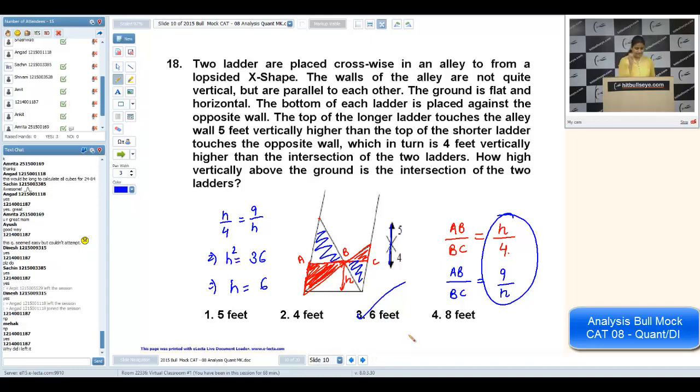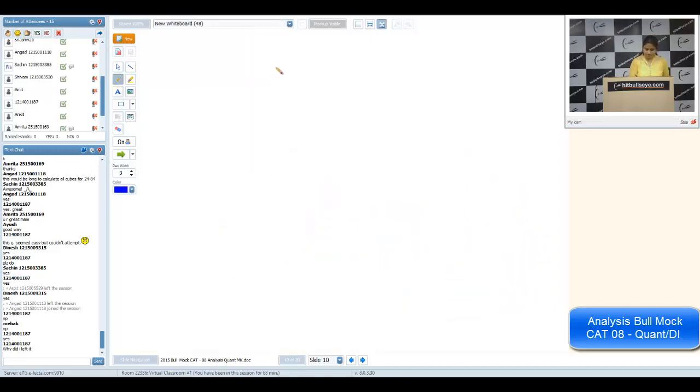Let me write once again, important thing. Whenever two triangles are similar, say triangle 1 and triangle 2, corresponding sides have the same ratio.